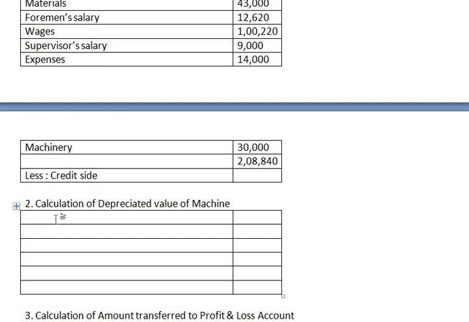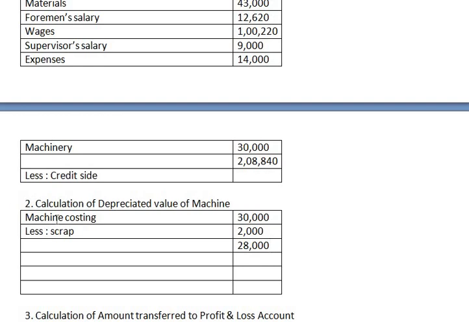Now machine costing rupees 30,000, which is already given. Then from this we are going to deduct scrap, and the scrap value is 2,000 rupees. Deduct this, 28,000.